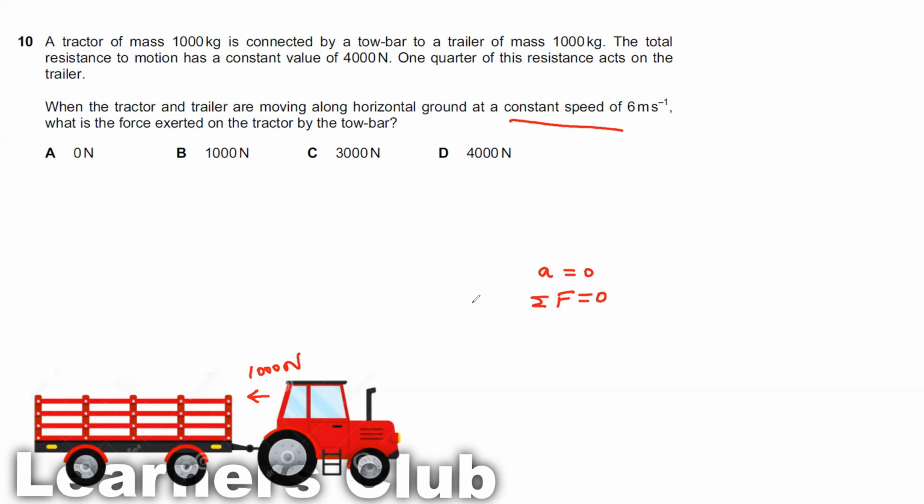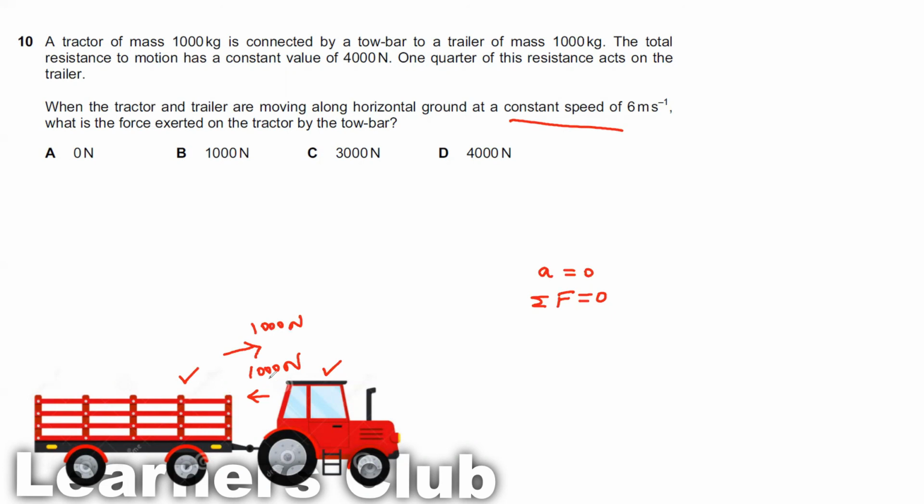If the resultant force is 0, then the forward force given by the trailer is equal to its resistance force, which is 1000 Newton. So in this case, 1000 Newton of forward force is given by the tractor to the trailer. Now, according to Newton's third law, we will have the same amount of force, equal force in the opposite direction.